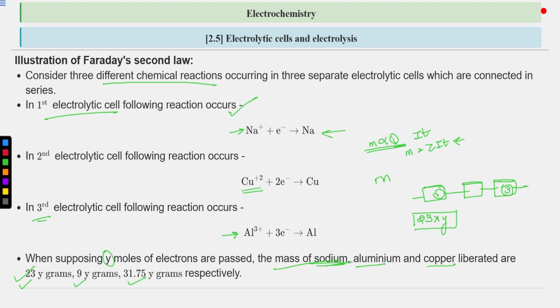So basically, Faraday's second law says that whatever mass is deposited or liberated at the electrode is directly proportional to the equivalent weight of the substance.